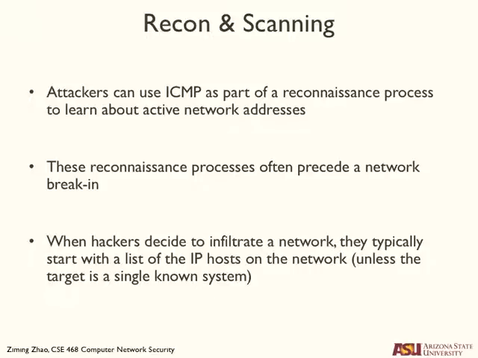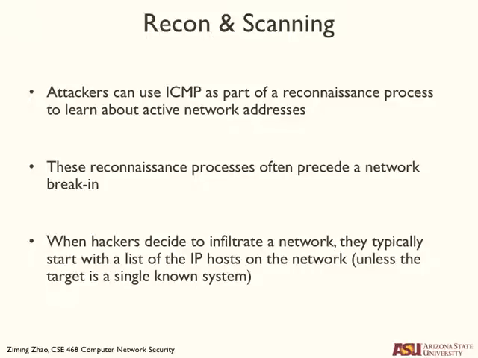In any typical attack, the attackers will first engage in some kind of reconnaissance or scanning, so they can better understand the network topology, and which host is actually alive. So that will be my attack target. If one machine is not even online, obviously I cannot attack it.